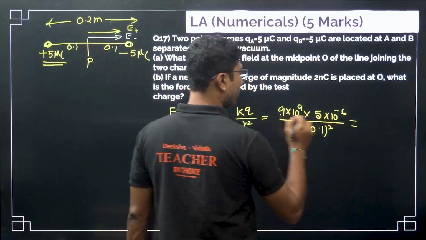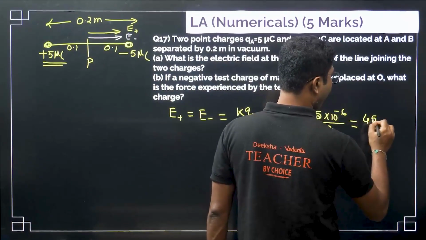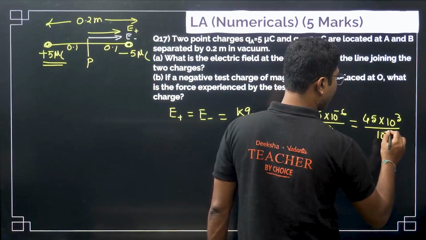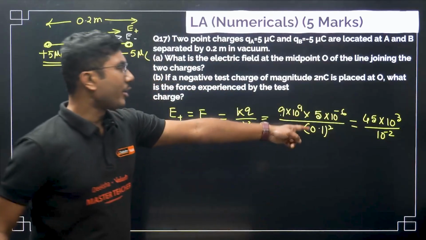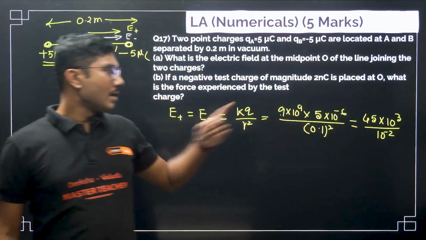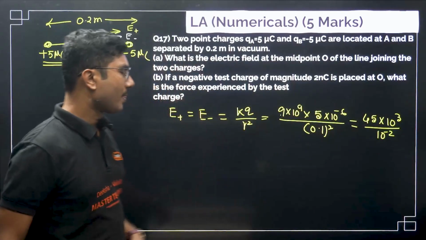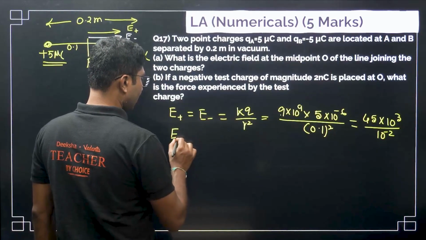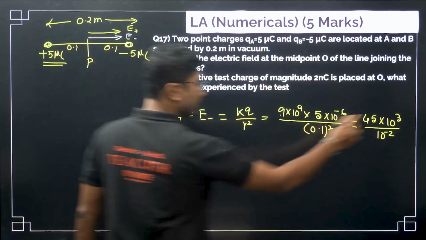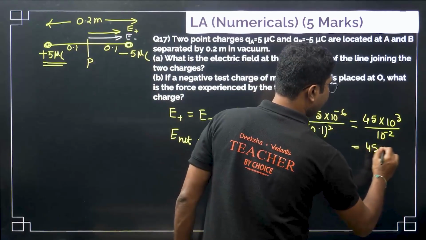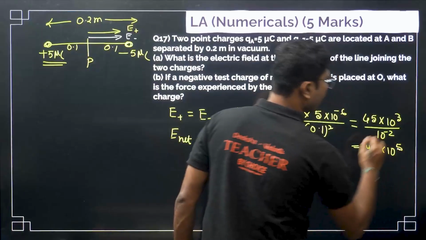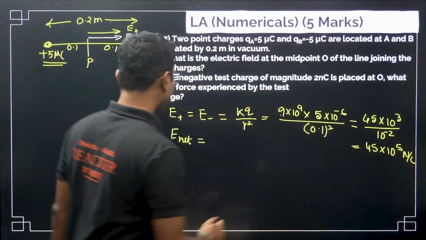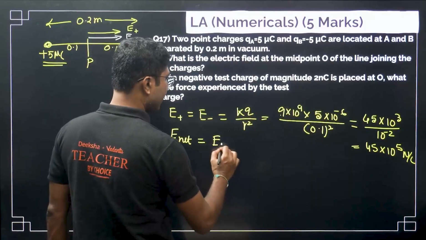So 5 9s are 45 into 10 to the power of 3 divided by 10 to the power of minus 2. Okay, 0.1 means 10 to the power of minus 1, minus 1 square minus 2. So E net, this value will be 45 into 10 to the power of 5 Newton per Coulomb. So net electric field is basically sum of these two electric fields.